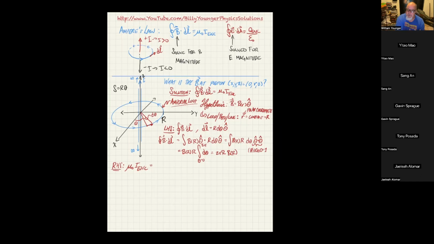Anything piercing that bag, which spans the actual circuit, would be included as well. That's going to come into play later. So right now I see exactly one current, and that current is I, and it is consistent with the right-hand rule, so we can call it a positive current. I'm just going to say this side is mu 0 times positive I. Any questions on that?